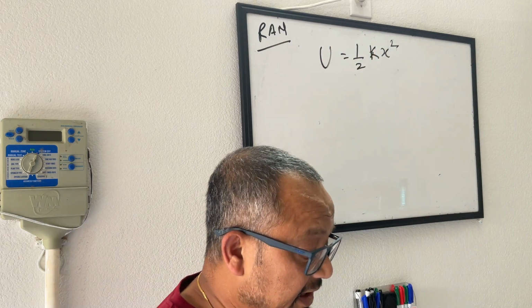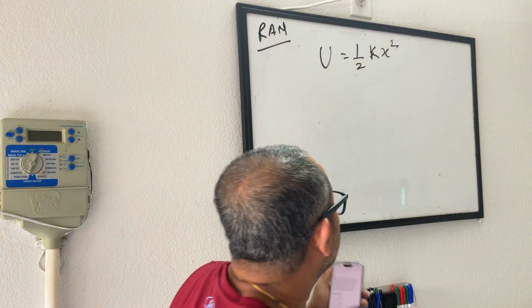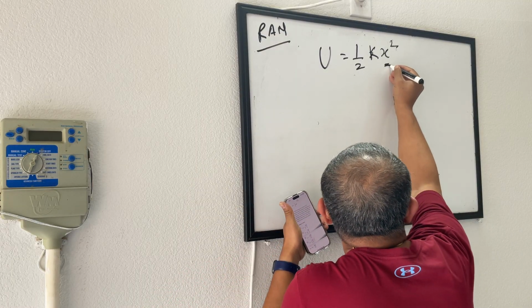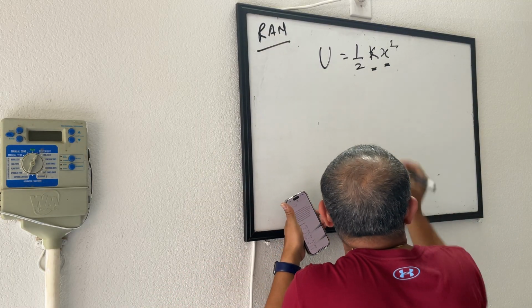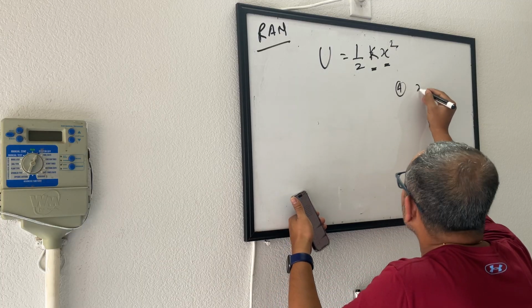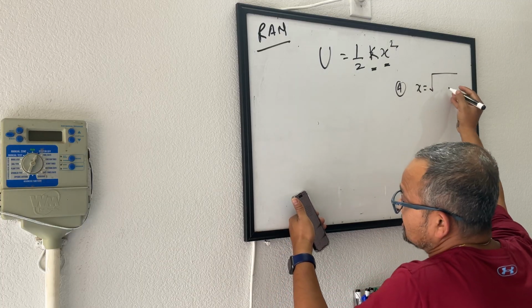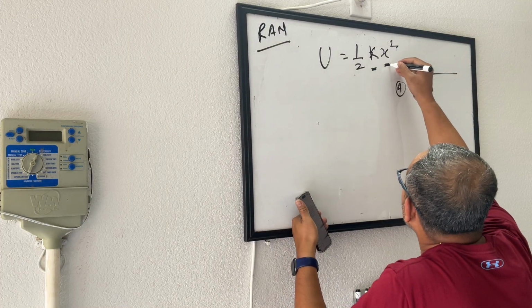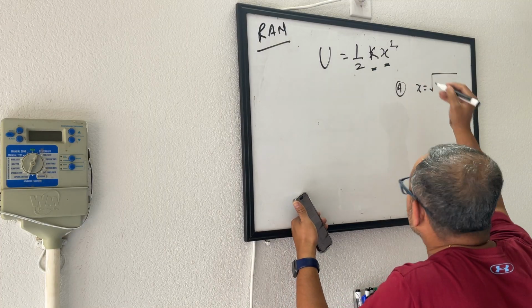Which of the following correctly shows the object's absolute compression? This is absolute compression and this is the spring constant. You are given 4 options and you have to find out which one determines the value of absolute compression.